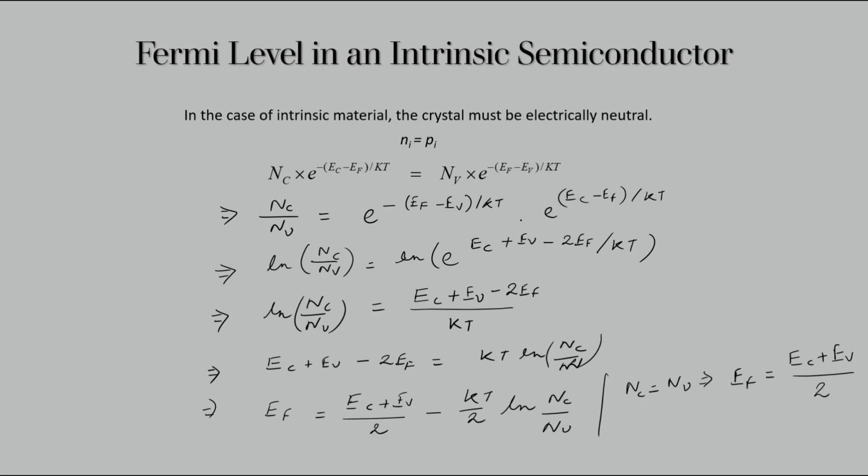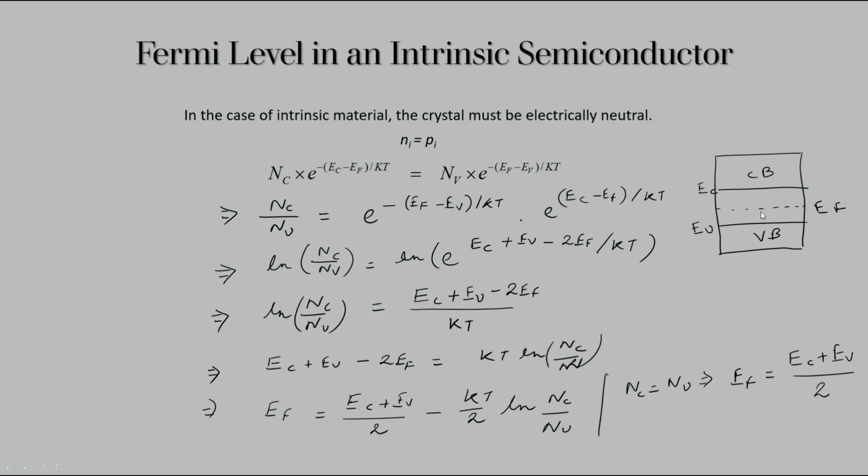That means in case of an intrinsic semiconductor, the Fermi level lies in the middle, which means this is the conduction band, this is the valence band. So the Ef will lie in the middle, where this is Ec and this is our Ev.